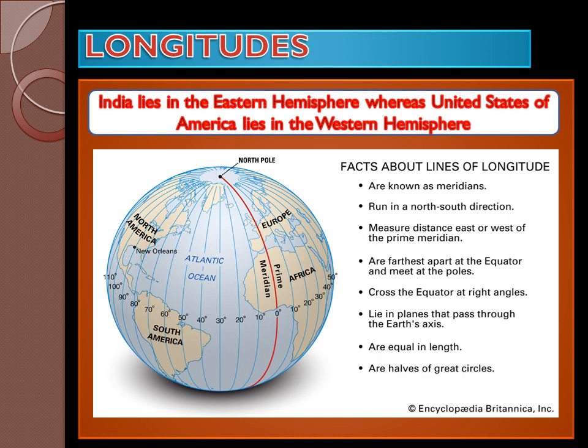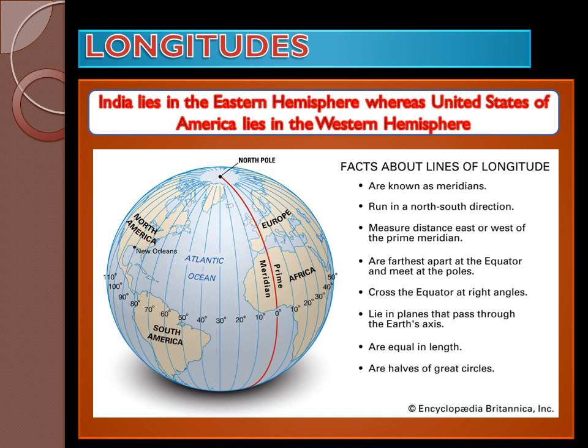They measure distance east or west of the prime meridian, are farthest apart at the equator and meet at the poles. They cross the equator at right angles. When they cross the equator, they make 90 degree angles. They lie in planes that pass through the Earth's axis.